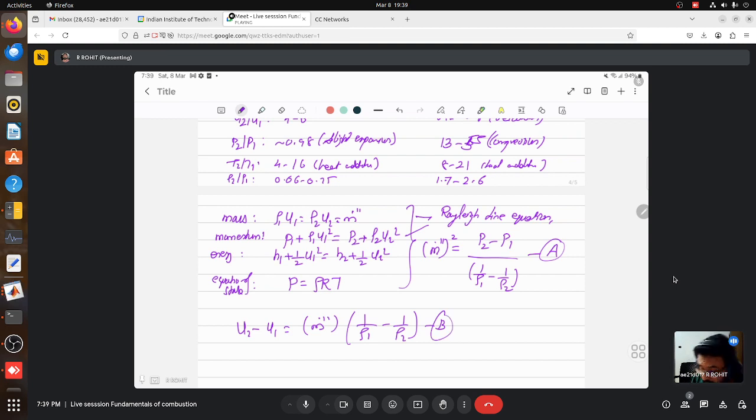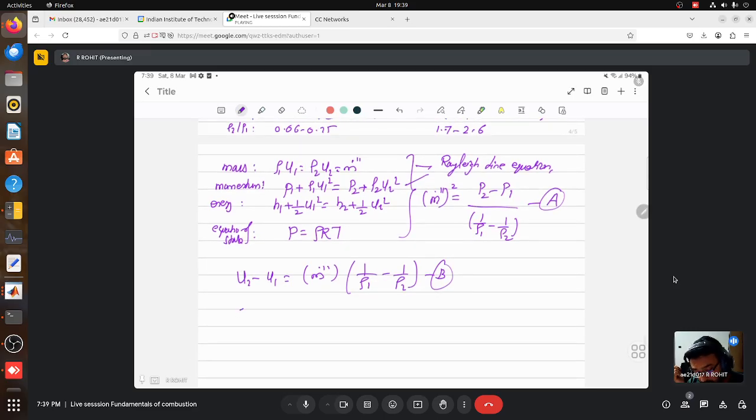Now if you look into the equations, for detonation, your density at the outlet is greater than your density at the inlet, and the reverse is true for the deflagration case.